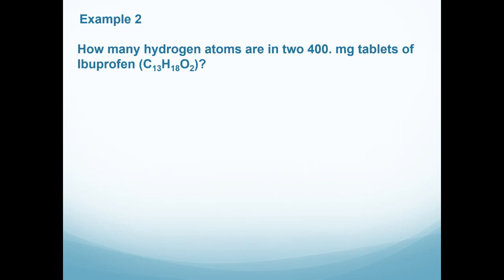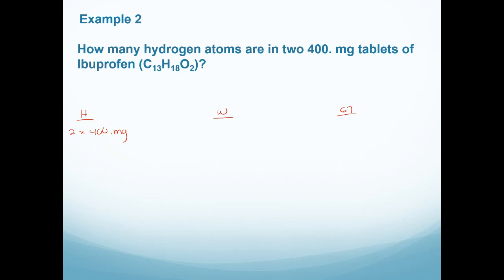Let's try another problem. So for this problem, it says how many hydrogen atoms are in 2 400 milligram tablets of ibuprofen. So let's do our have, want, and how we are going to get there. So to start, we are given that we have 2 400 milligram ibuprofen tablets.